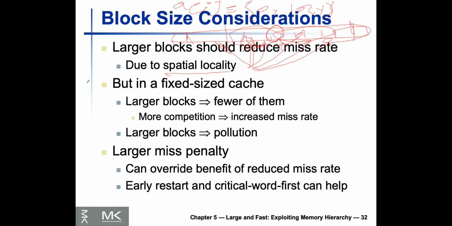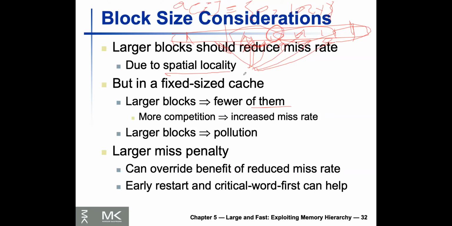But in a fixed size cache, the larger the blocks go, because you have a fixed amount of size, you're going to have fewer of them, right? If you have a size of 64, and each block is 32, you might have 2 blocks. So the larger the blocks go, the more competition there is to put those blocks inside.